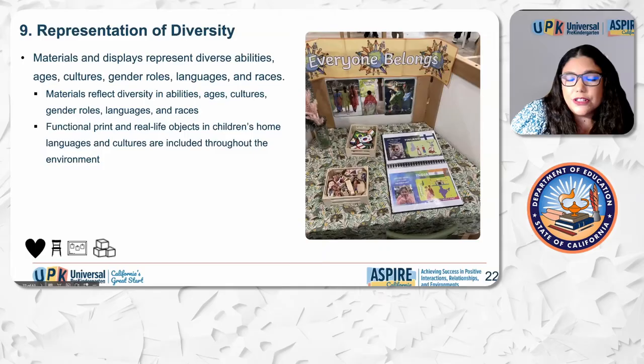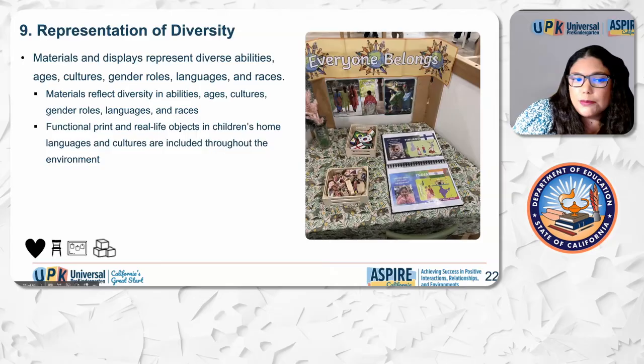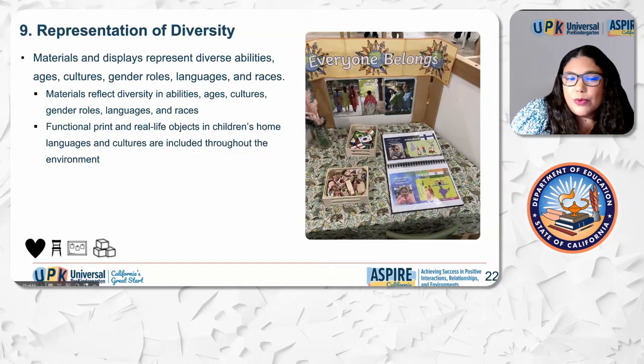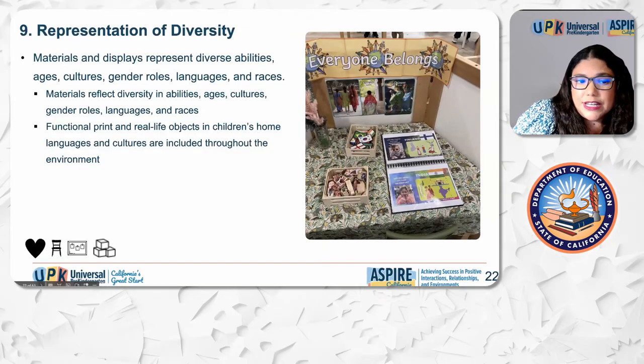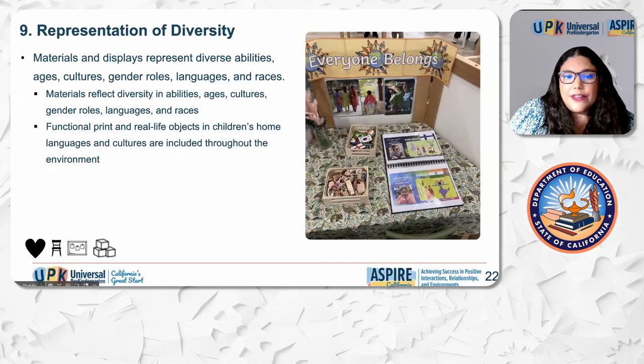It involves intentionally weaving diversity throughout the entire environment, such as labels, dramatic play materials, photographs, real-world objects, and artwork. When children see authentic representation, it helps affirm their identities while also building understanding and empathy for others.